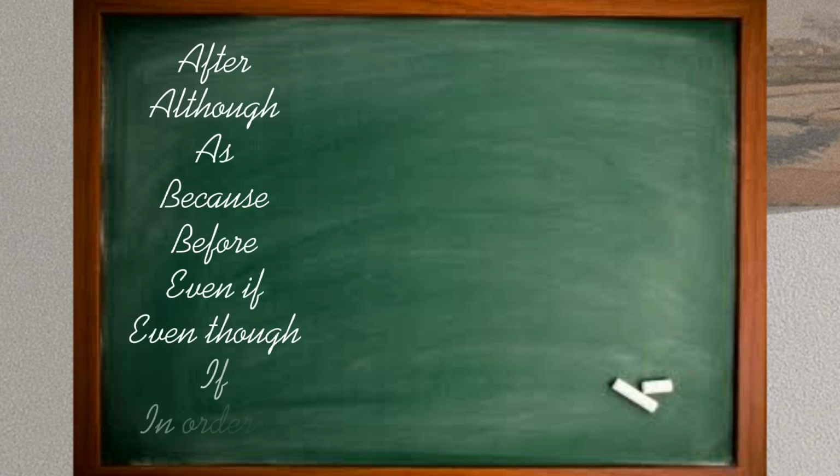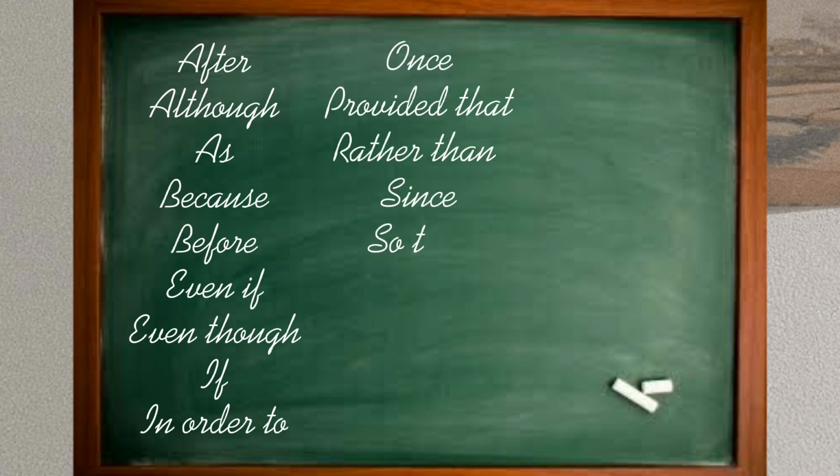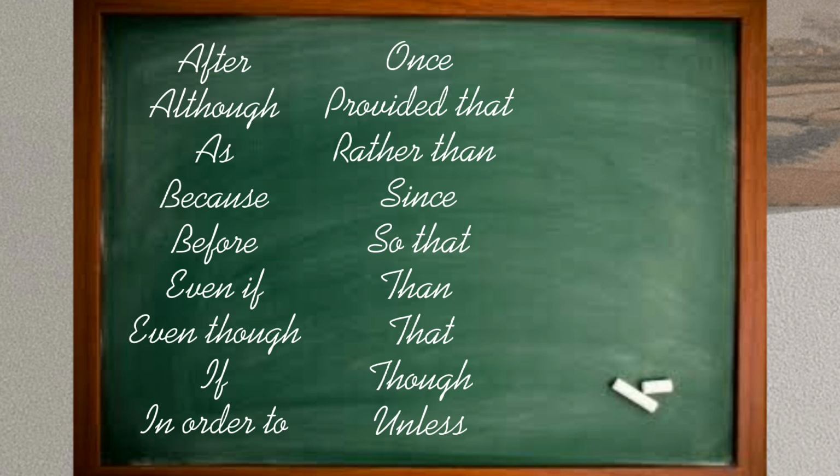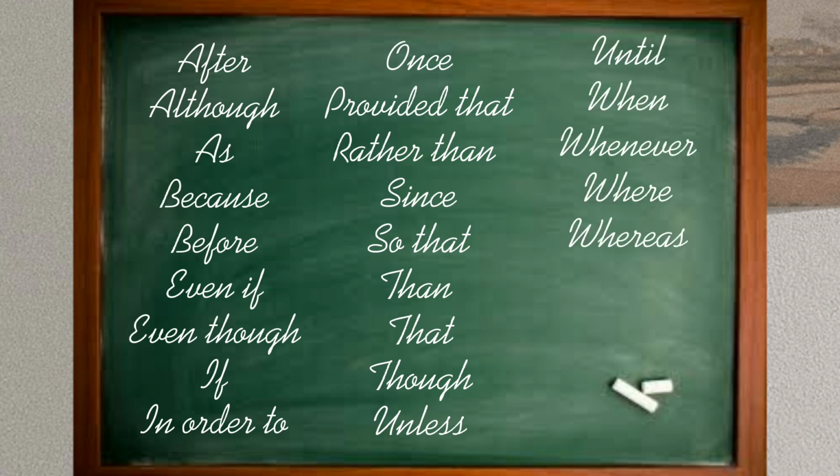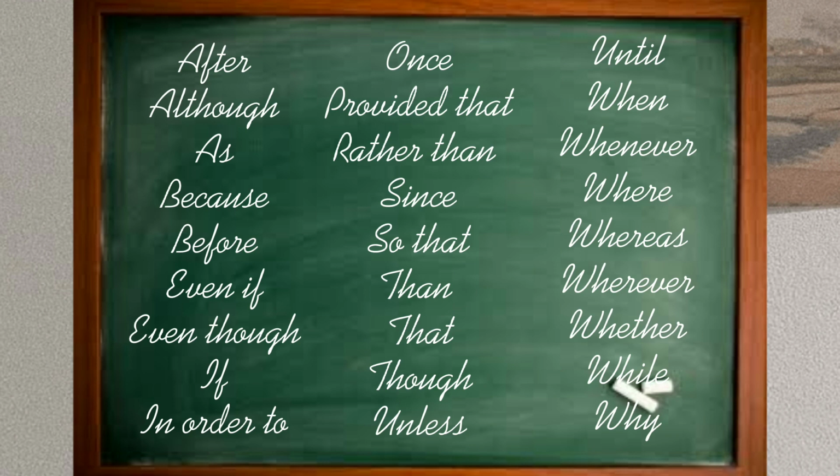After, although, as, because, before, even if, even though, if, in order to, once, provided that, rather than, since, so that, than, that, though, unless, until, when, whenever, where, whereas, wherever, whether, while, and why.